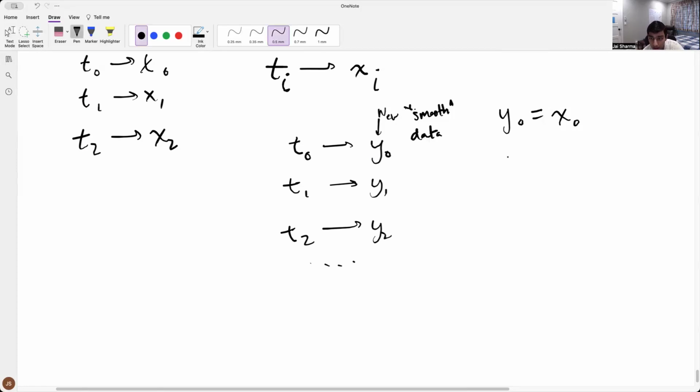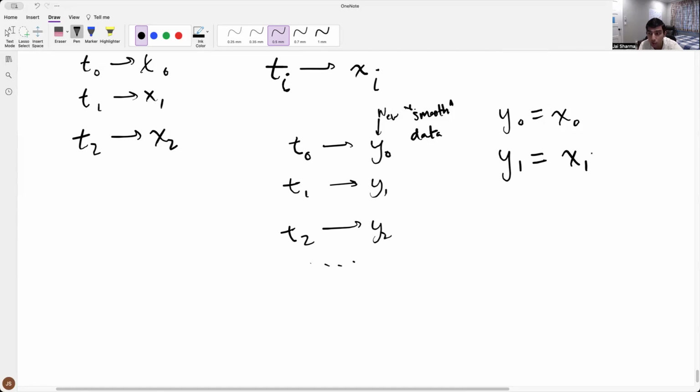Then what we can do is, if we set y1 equal to x1, then that's just copying what we had initially. But instead, let's say we make a change where we take an average.